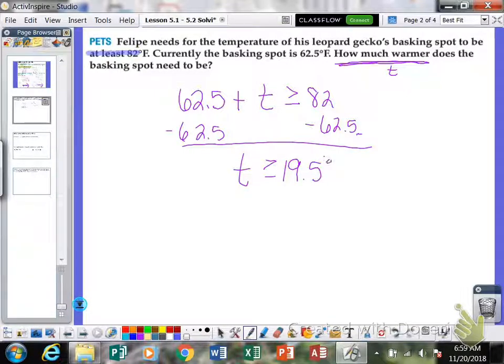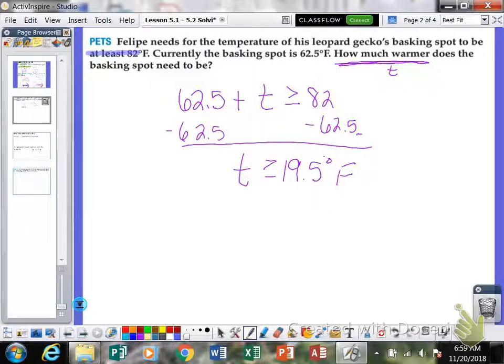So, degrees Fahrenheit. Then the question says, how much warmer does this basking spot need to be? As long as it's 19.5 degrees or higher. Because this is a word problem, we need to summarize this in one sentence.